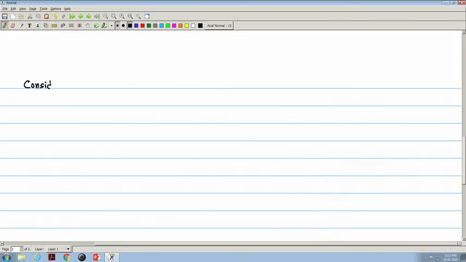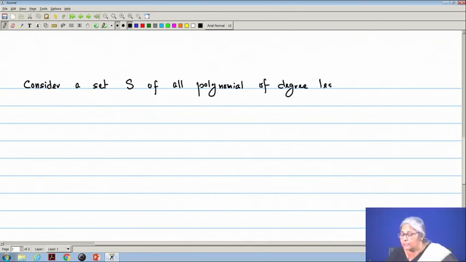Now, first we consider a set S of all polynomials of degree less than or equal to n minus 1.